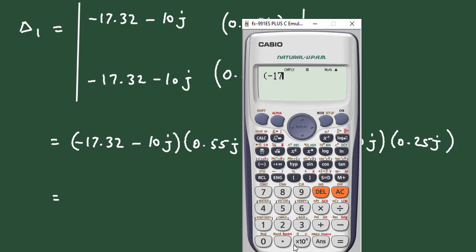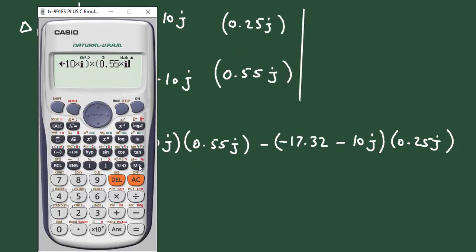Minus 17.32 minus 10 into j multiplied with 0.55 into j, minus 17.32 minus 10 into j, then multiplied with 0.25 into j.